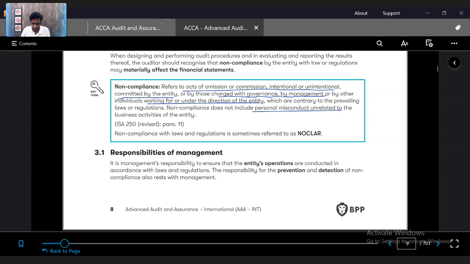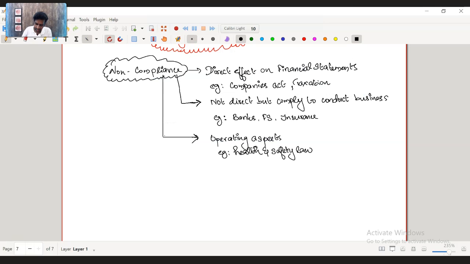So non-compliance is where the entity, in its name or on its behalf, through its management does something illegal, which is not allowed as per the legal provisions of the laws and regulations, and that is in short form referred to as NOCLAR. So if the entity is not following the rules and regulations, it is referred to as NOCLAR. Now, certain NOCLAR have a direct effect on the financial statements.